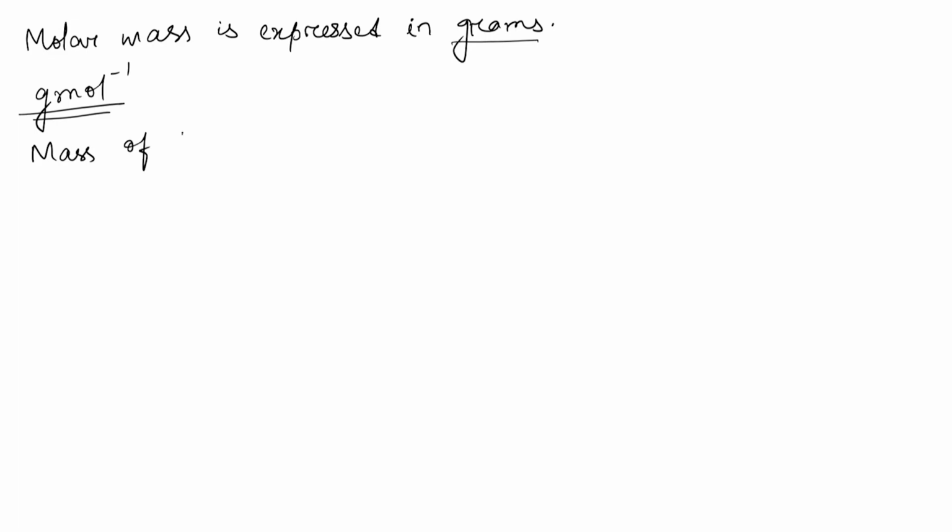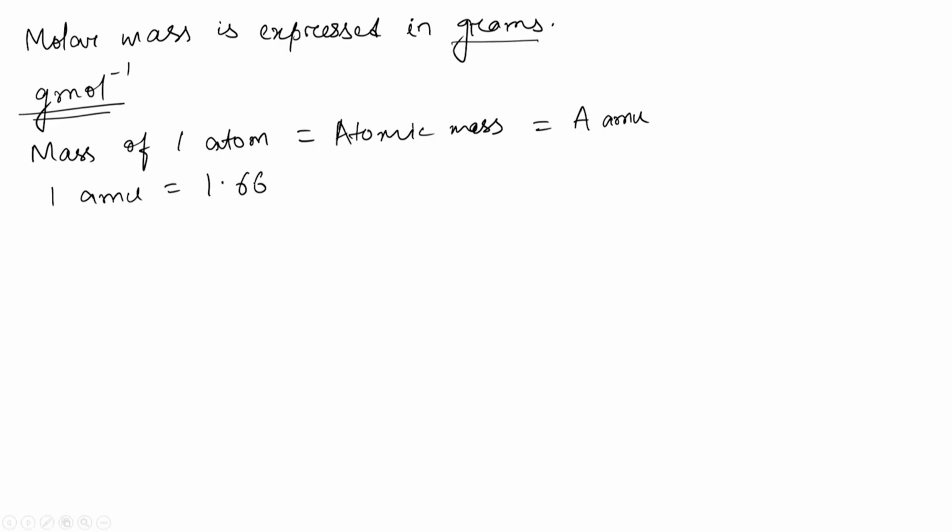the mass of one atom. Mass of one atom is atomic mass, we know, which is A AMU. Now, we know that 1 AMU is equal to 1.66 into 10 to the power minus 24 grams.